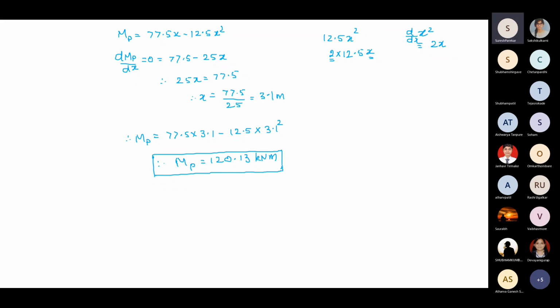Say problems from more than one load on single span. Now we will switch over to portal frame. Can we switch over? Yes, sir.